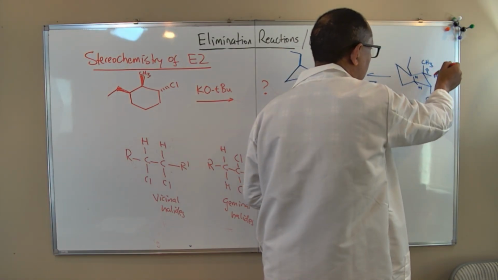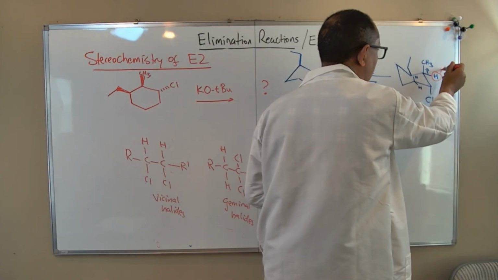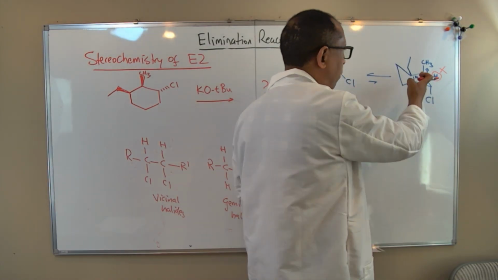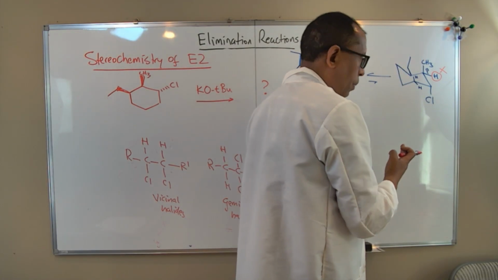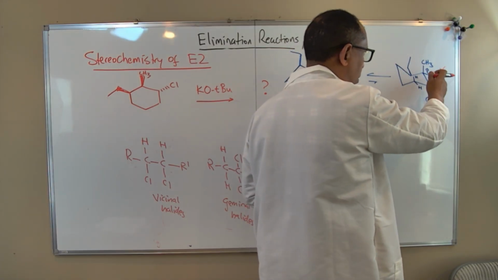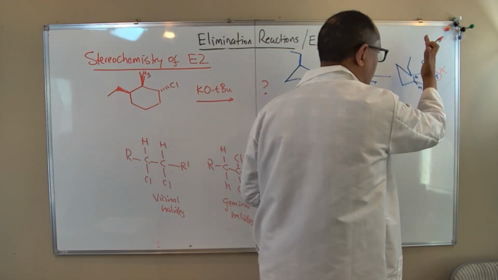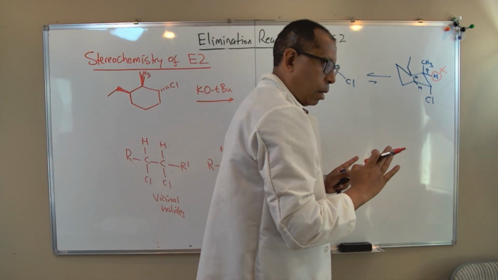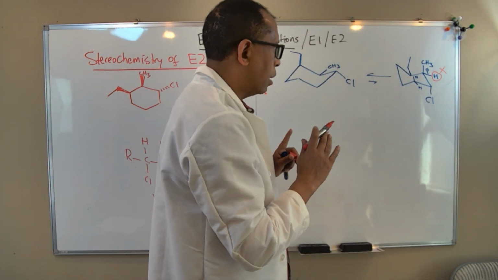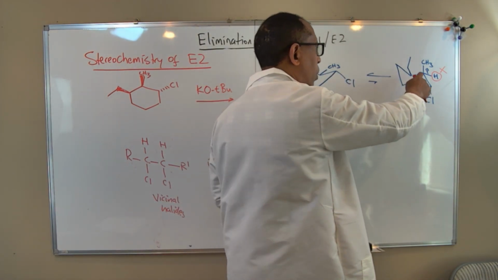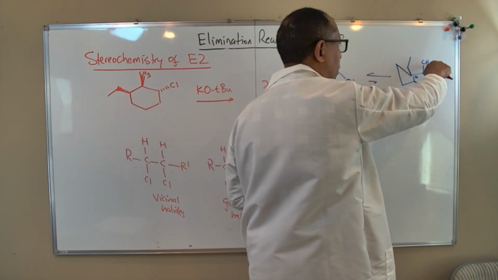So no reaction with this. This one is not periplanar. If it had been axial, yes, but it is in the equatorial position, so they are not in the same plane. The chlorine and the hydrogen are not on the same plane, so that doesn't work. So there is no reaction from this carbon.